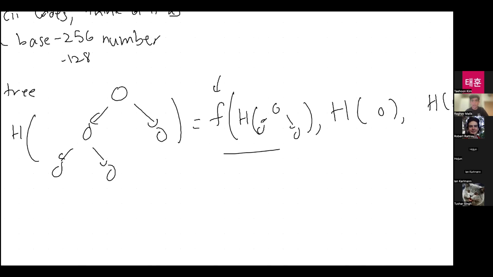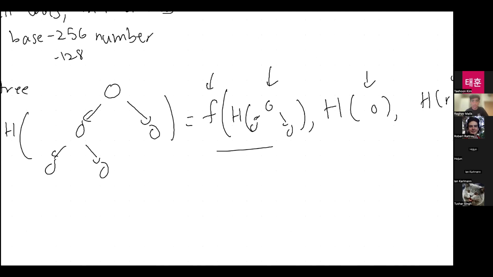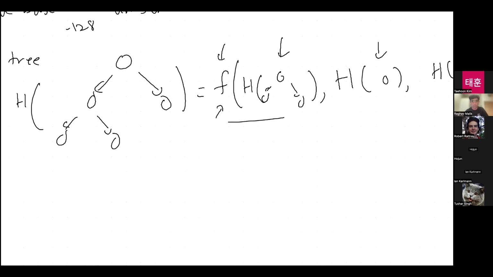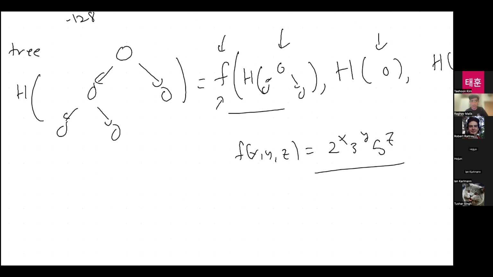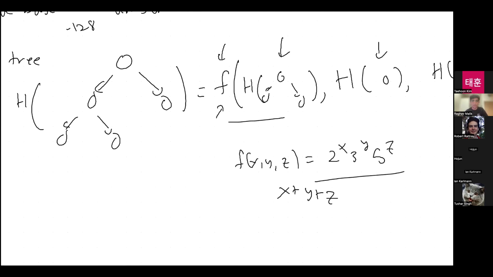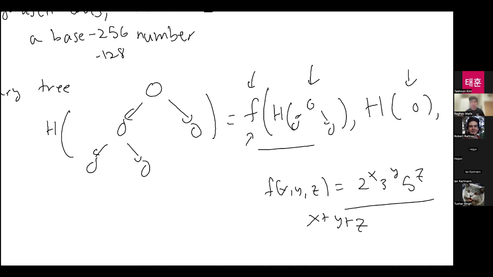If I assume that I get something numeric out of these three, then this function can be maybe 2 to the x, 3 to the y, 5 to the z. Whatever, it doesn't really matter. Or it can just be x plus y plus z, just some way of combining these three. And so I can recursively build up a hash of a binary tree.